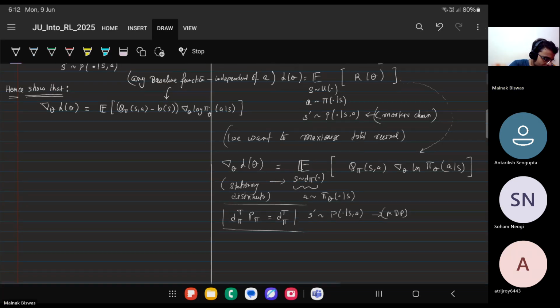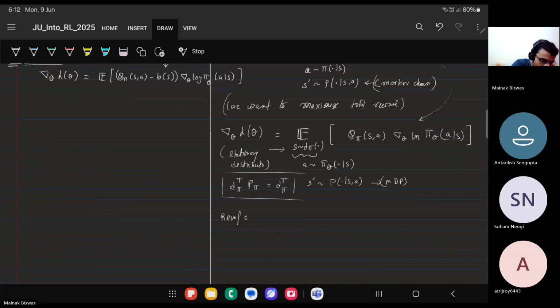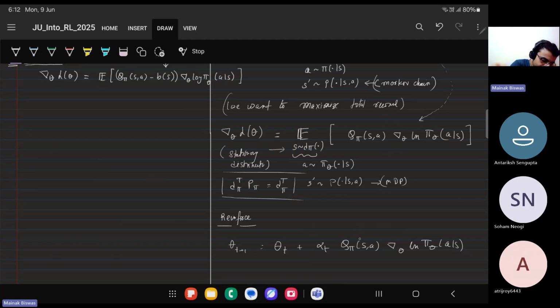Therefore, our algorithm was the REINFORCE algorithm. It said theta t plus 1 equals theta t plus alpha t times q pi of S, A times the gradient of log of pi theta of A given S, where this q pi was estimated by taking trajectories, the expectation of the long-term rewards G_t, using trajectories and Monte Carlo sampling.